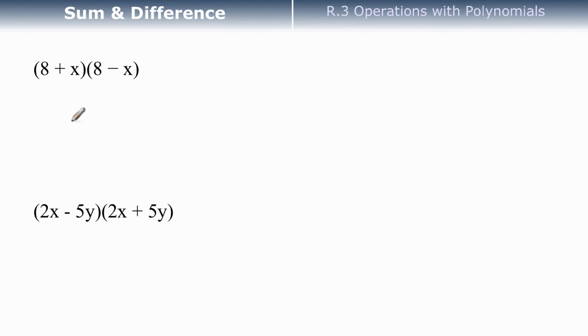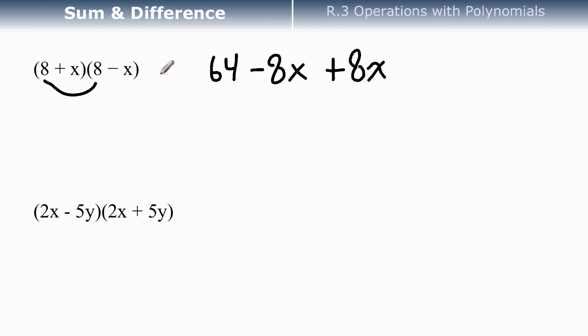Watch what happens when we multiply those. 8 times 8 is 64. 8 times negative x would be a negative 8x. X times 8 would be a positive 8x. And lastly, x times negative x would be negative x squared. When I collect these like terms in the middle, negative 8x plus 8x, they cancel each other out. So I'm left with 64 minus x squared.